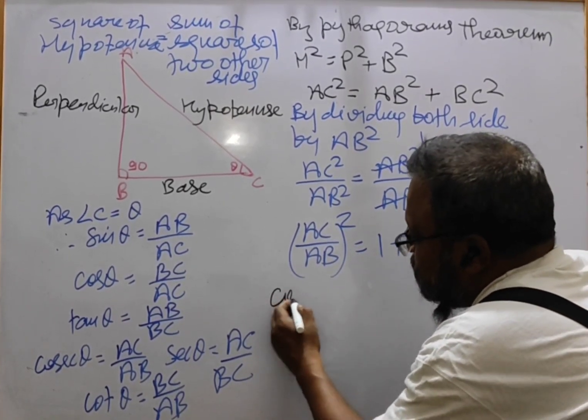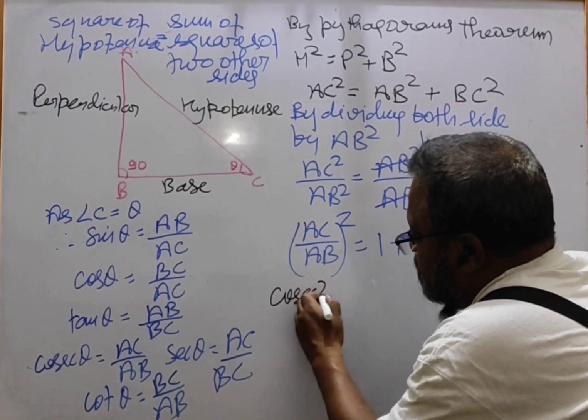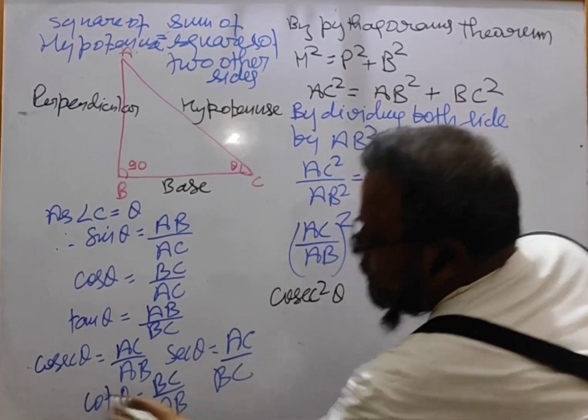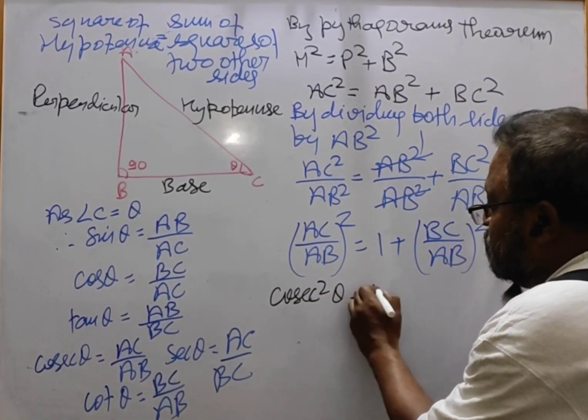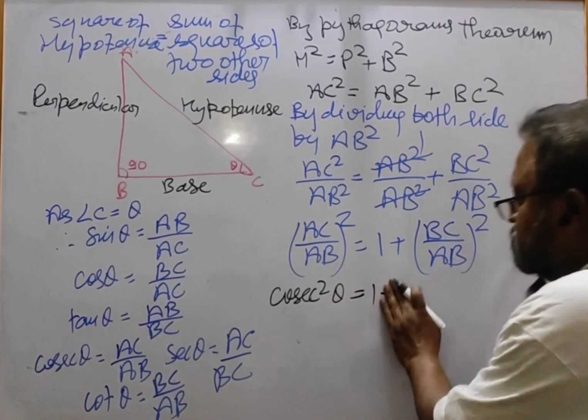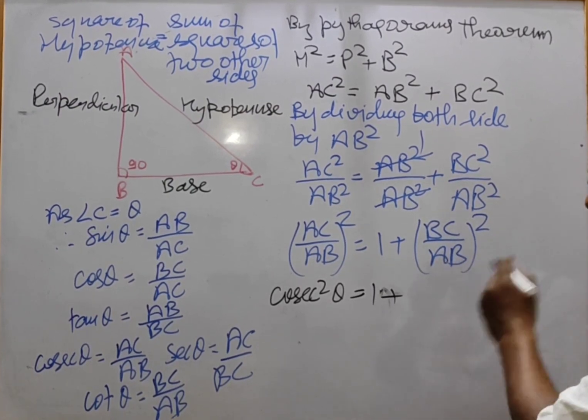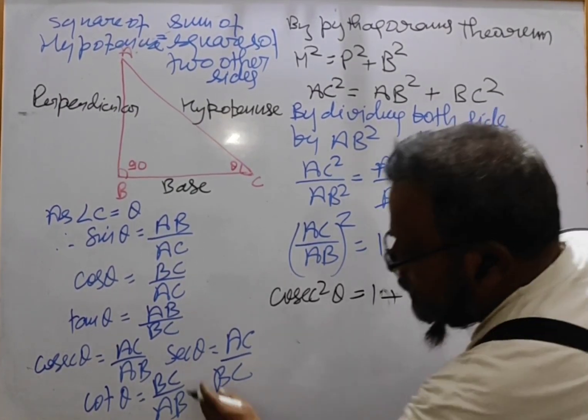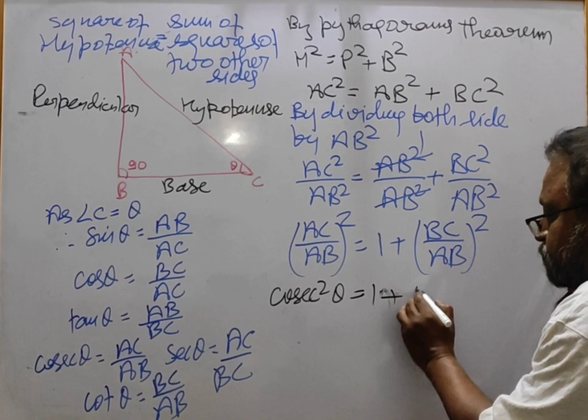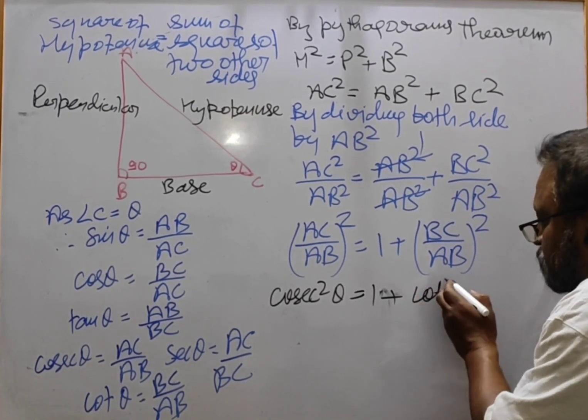It is cosec square theta. So cosec square theta is equal to 1 plus BC upon AB, which means cot square theta.